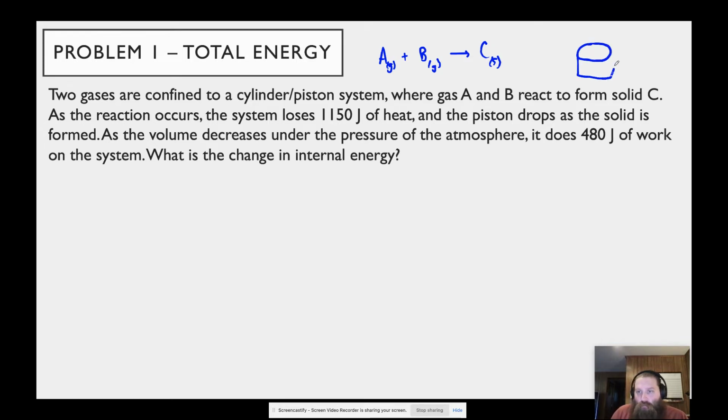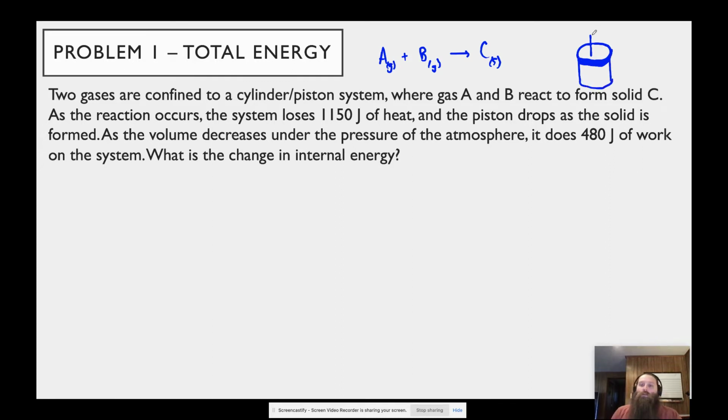Okay, so we have a piston system, and it's laying on top of the cylinder. Let's draw this a little more accurately here.